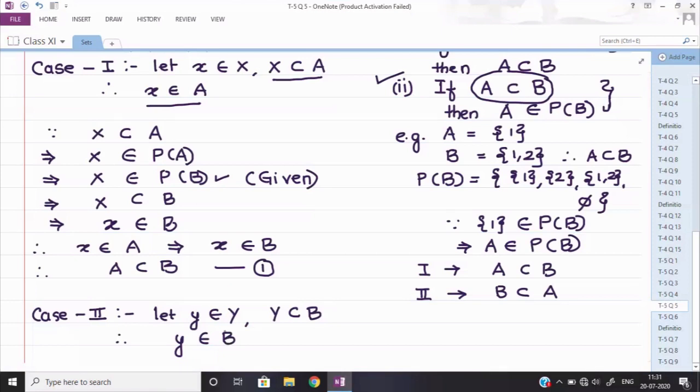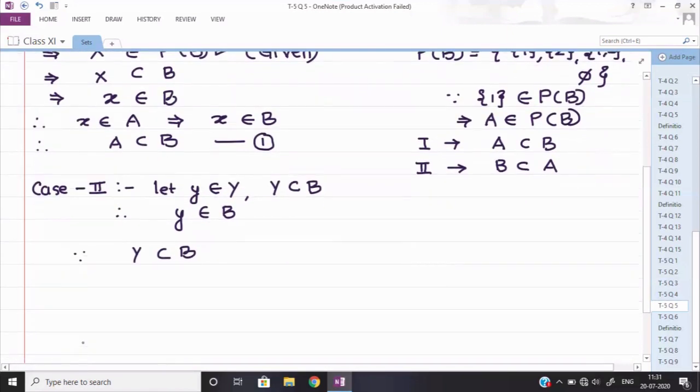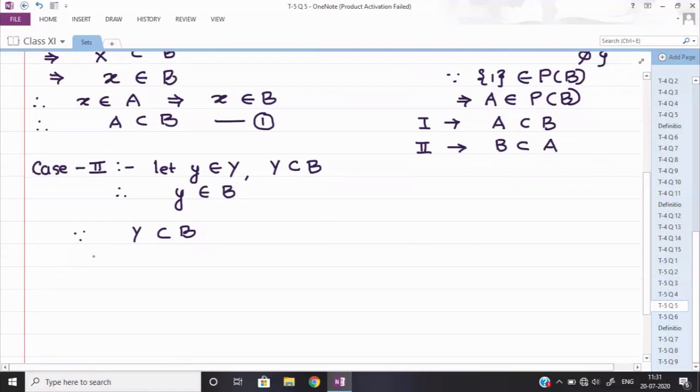Now in the same way, you can check I have taken here X is a subset of A. Same way I will take here, since Y is a subset of B, then apply the second point: if Y is a subset of B, then definitely Y will belong to the power set of B. So here I will write down Y will belong to the power set of B. And if Y belongs to the power set of B, I can say that Y will belong to the power set of A also, right?